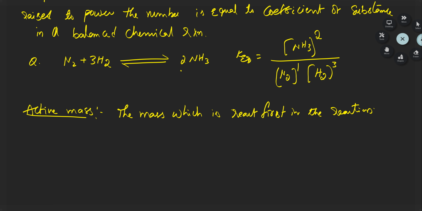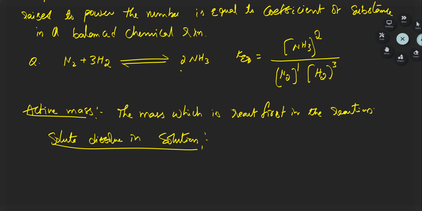For example, in terms of concentration, a solute dissolved in a solvent or solution, I need to find the concentration. If it is a gas, we need to find the pressure. So two types will be there.